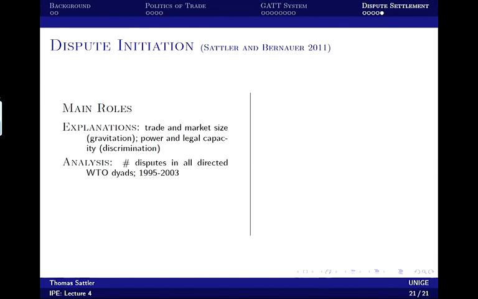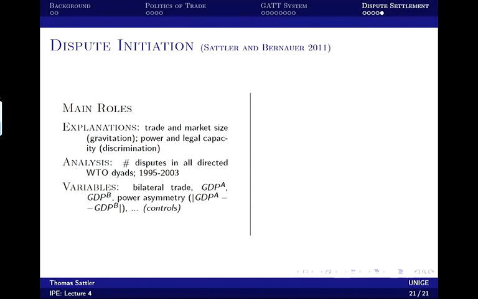And we collect data on this for all the countries. So that's the dependent variable: the number of disputes in a directed WTO dyad between 1995 and 2003. And we explain this with bilateral trade and the size of the countries. So bilateral trade and GDP of the two countries basically reflect the independent variables that are related to the gravitation argument.